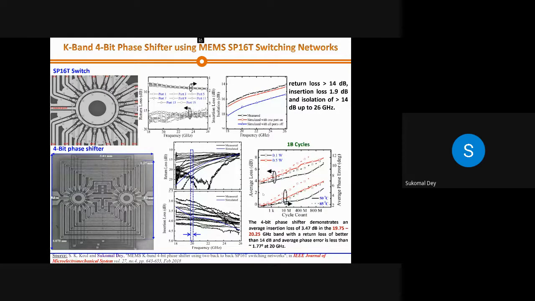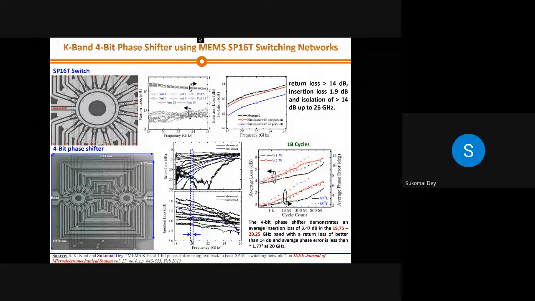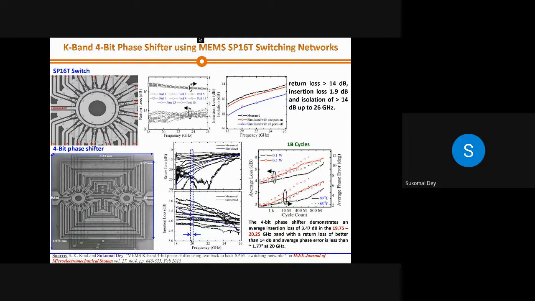So after developing this phase shifter also, we are not happy. We are not happy in the sense that if you look at this particular topology, again, yes, I agree that you reduce the number of switch actuations per state.